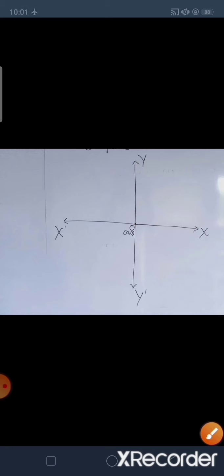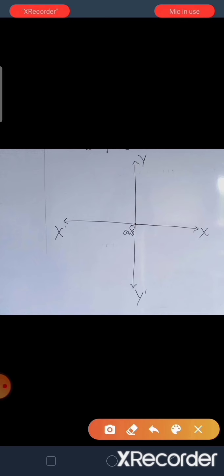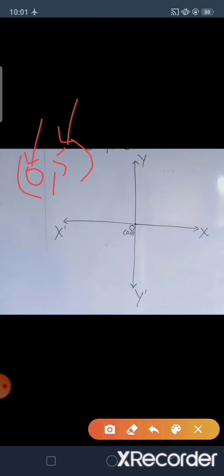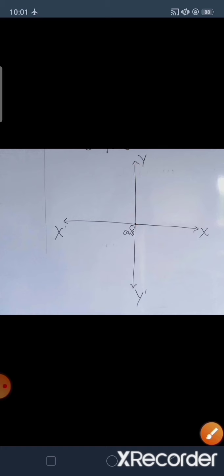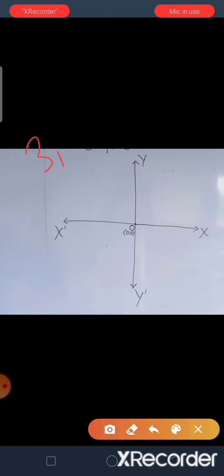For example, I take the point (0, 5). Here the abscissa is 0 and the y coordinate value is given, so it is a point on the y-axis. We write 0 for the abscissa, and we travel 5 units: 1, 2, 3, 4, 5. So we write our point here as (0, 5). For a second example, we take (3, 0).